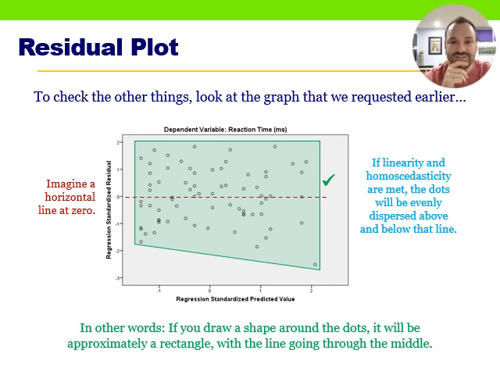So in a case like this, we envision this green rectangle. We say, okay, that's kind of what we were hoping for. This looks like both of those assumptions are met.